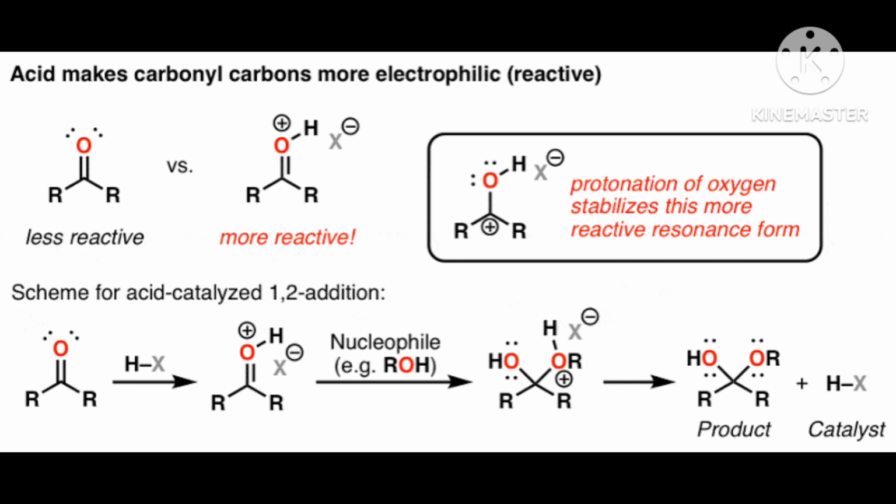Now the first cyanide is produced, and it will attack the carbon, and oxygen will be negatively charged. This step is slow, and once the tetrahedral intermediate forms, the next step is fast: a proton from water comes and joins the O. Then it will form cyanohydrin.